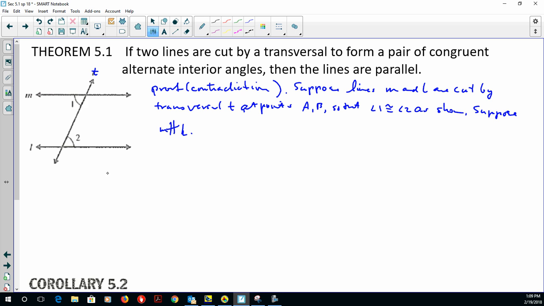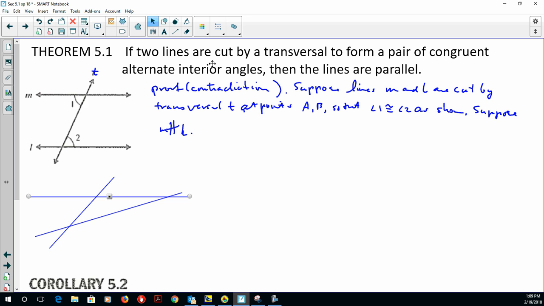Let me redraw what my supposition is here. Here's M, here's T, and here's L, and we're supposing that these two are not parallel.